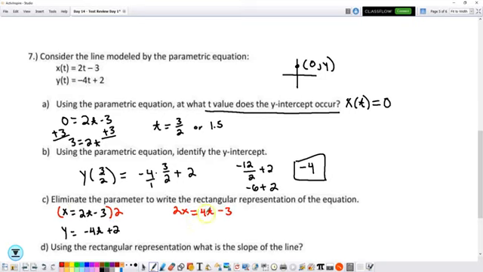And then, because this is 4t and the y equation is -4t, that would allow me to eliminate the parameter if I added these two equations together. I would get 2x plus y, the t's will cancel out, equals -1.